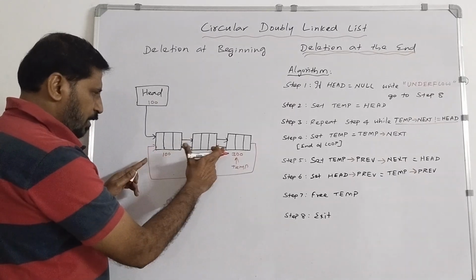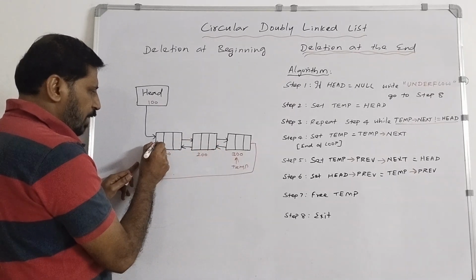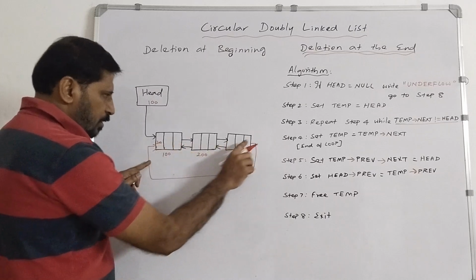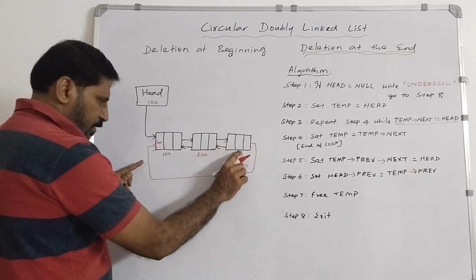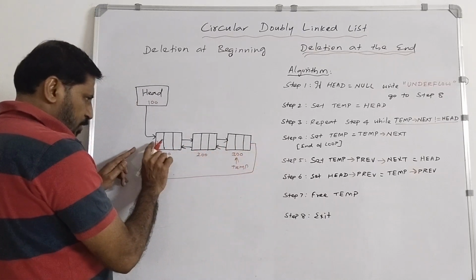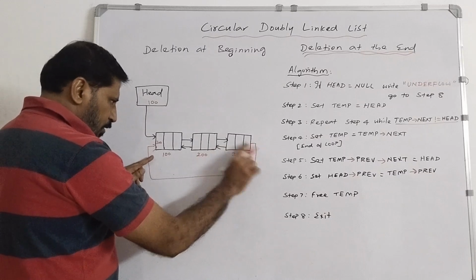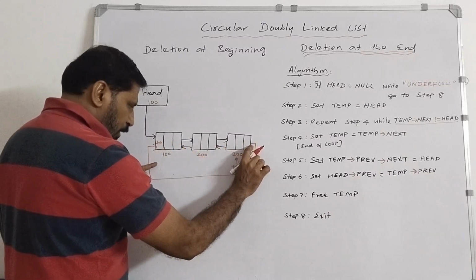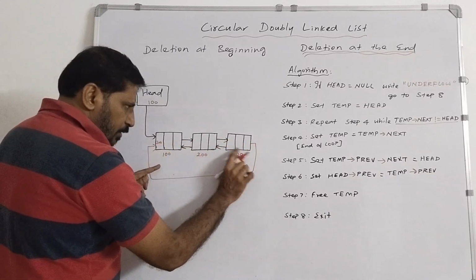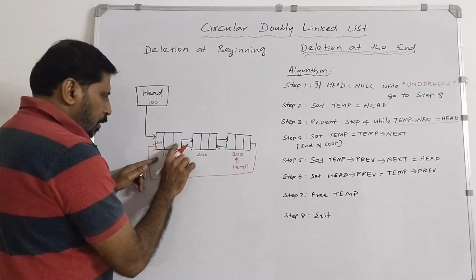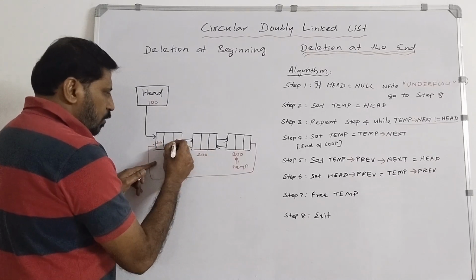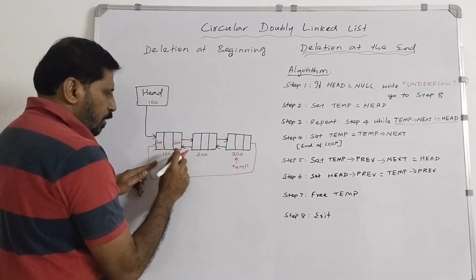For the sake of understanding, this is 300. 300 means the temp next. This is the last node, which is connected with the first node. What is this node? The previous node is this one, so I am writing 300 here. And what about the next node? Next node is 200, so I am writing 200 here.